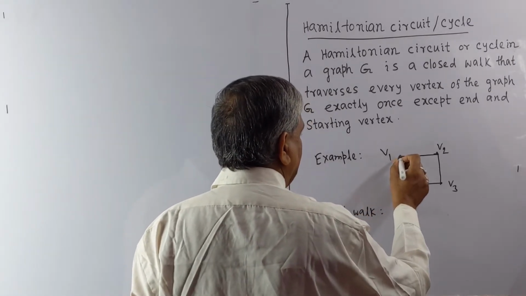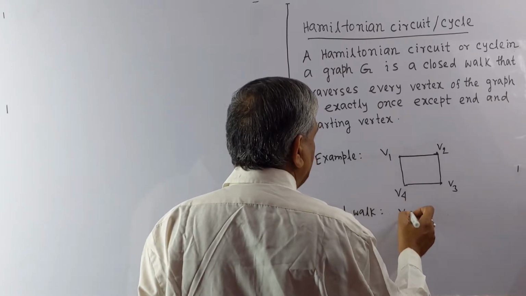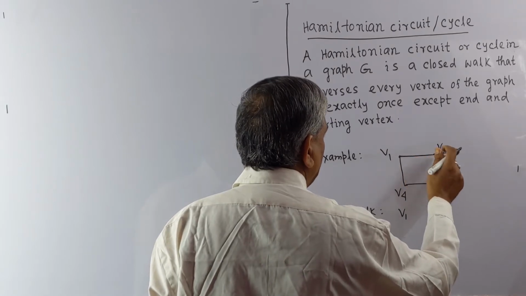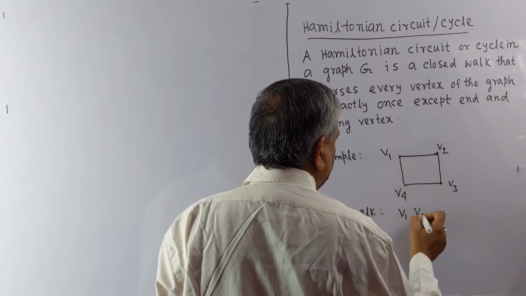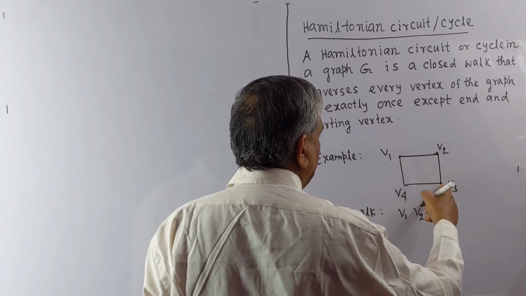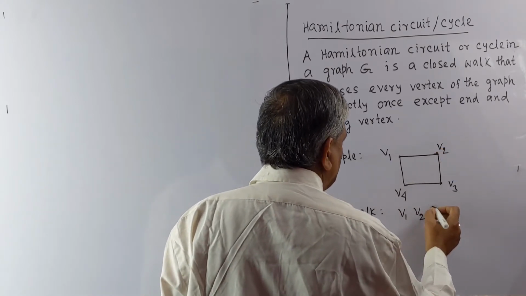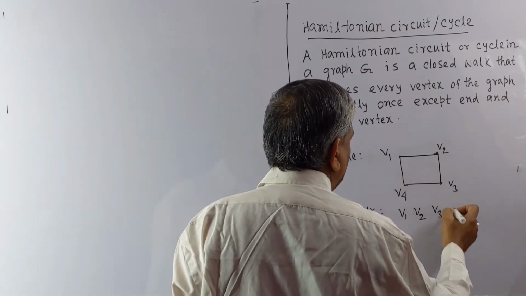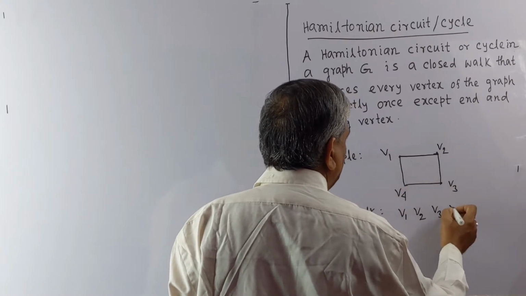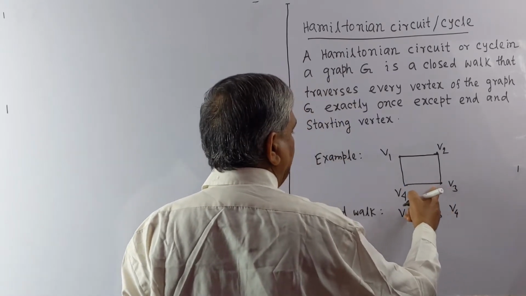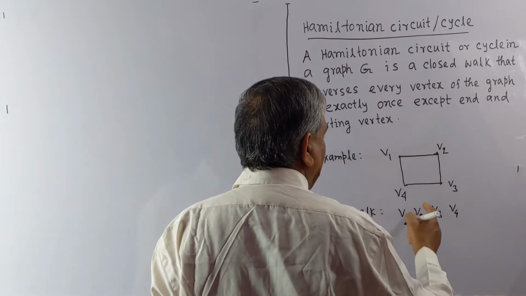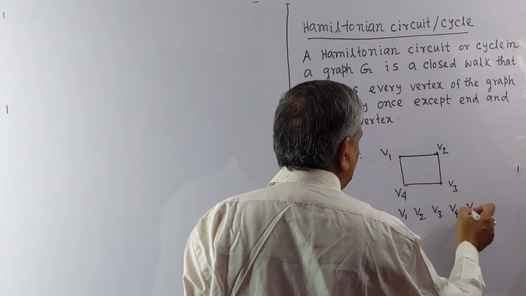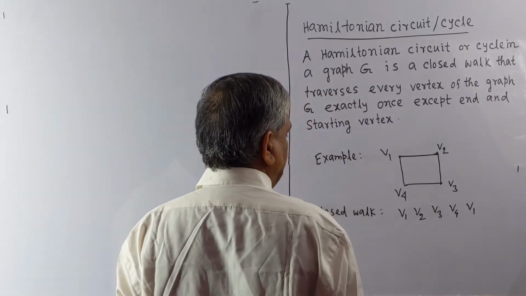Firstly, start at V1 vertex, then through the edge V1, V2, we reach vertex V2, then we reach vertex V3 through the edge V2, V3, then we reach vertex V4 through edge V3, V4, and we return back to the vertex V1 through the edge V4, V1.